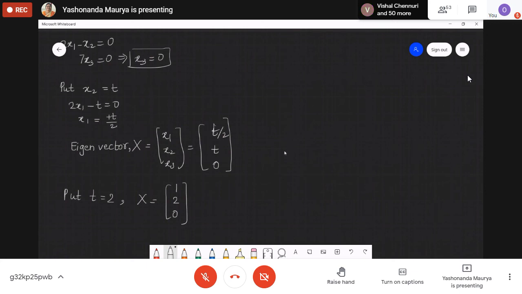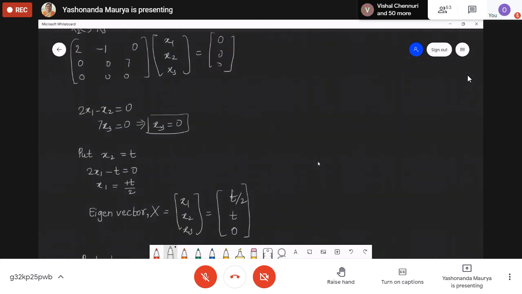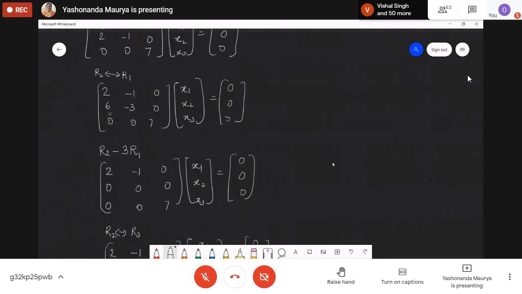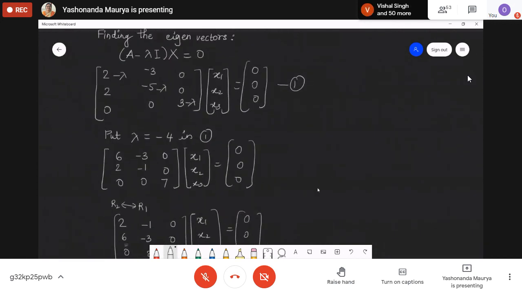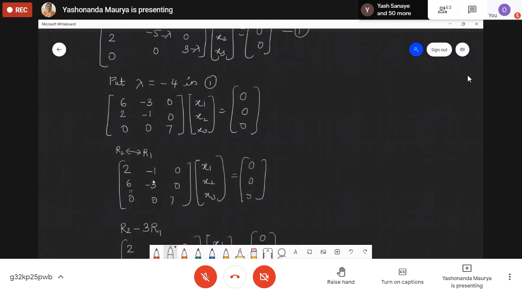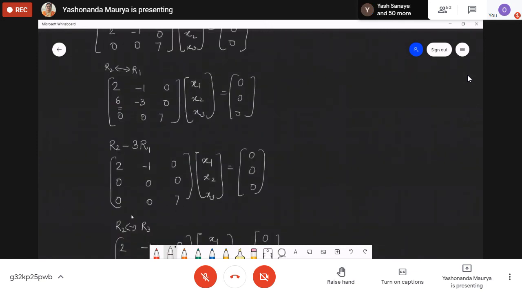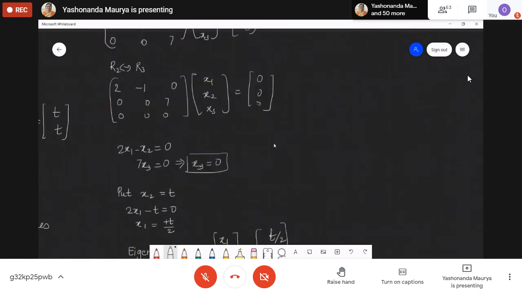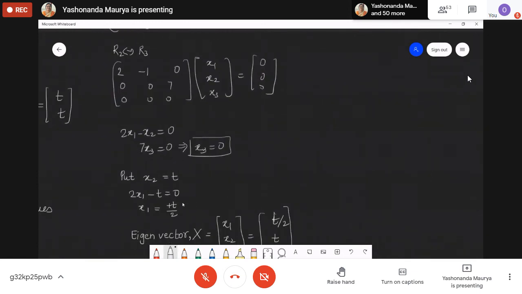Is the procedure clear? Just see this. We wanted to solve this system of equations. We applied row transformations. We reduced it into the echelon form. And then we wrote the equations. And then at least one variable will always be there that we need to initialize.